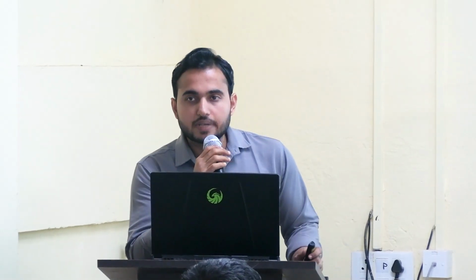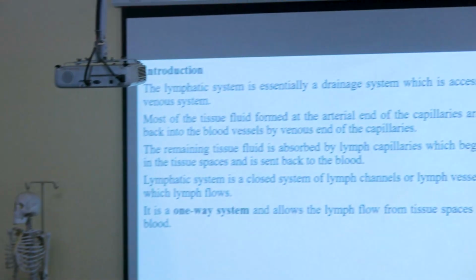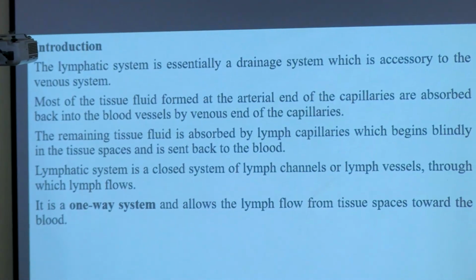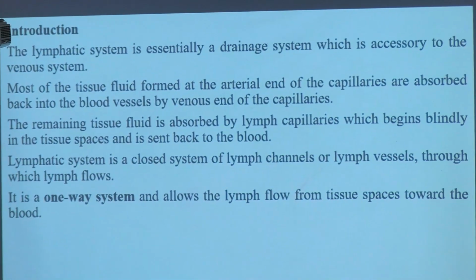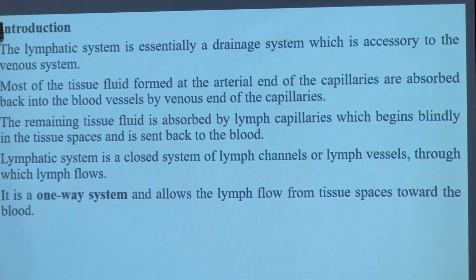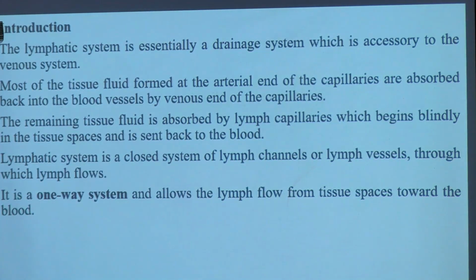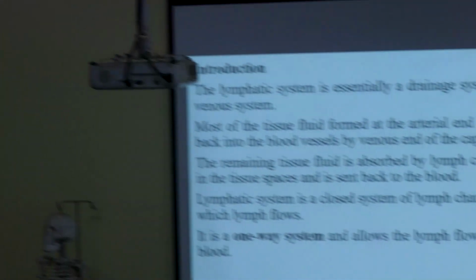Now, before going to the microscopic structure of the lymphatic system, first of all, you must know what the lymphatic system is. The lymphatic system is a component of a drainage system, or you can say accessory to the venous system. In the venous system, we know that blood is draining back to the heart with the help of the veins.